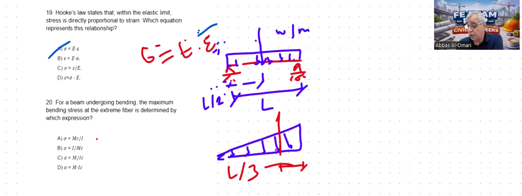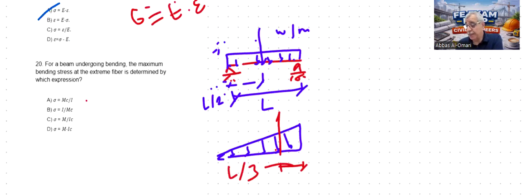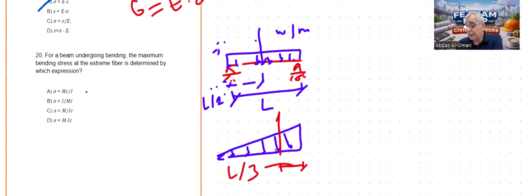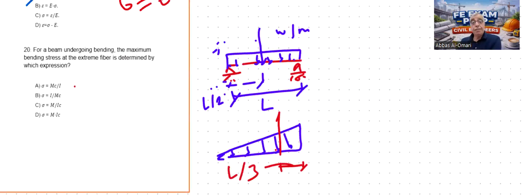The next question: for a beam undergoing bending, the maximum bending stress at the extreme fiber is determined by which expression? When a beam is under a moment, this moment causes stress.